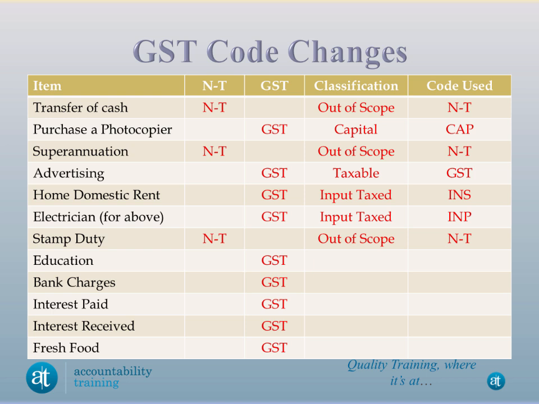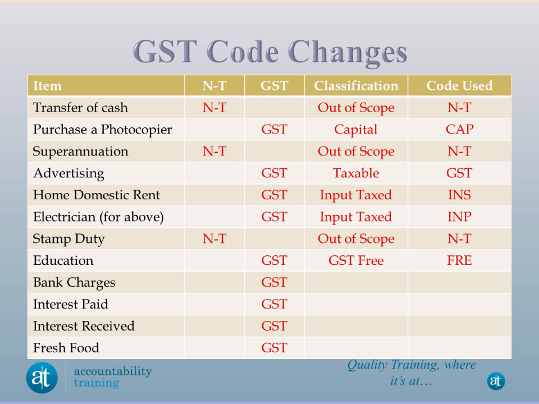There is a requirement to report it separately on the BAS under G13. So to be able to do this, we give it a separate zero tax code of ITP, Input Taxed Purchase. This is reported at both G11 and G13.